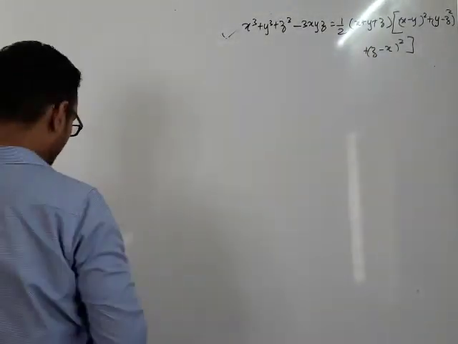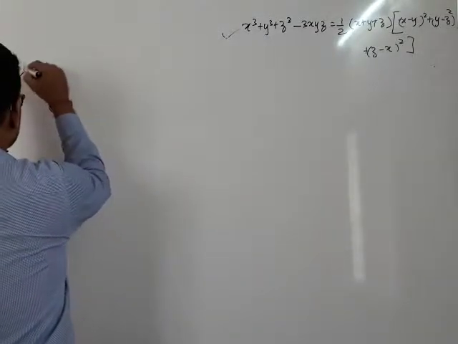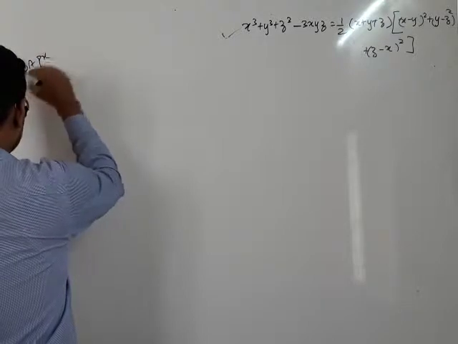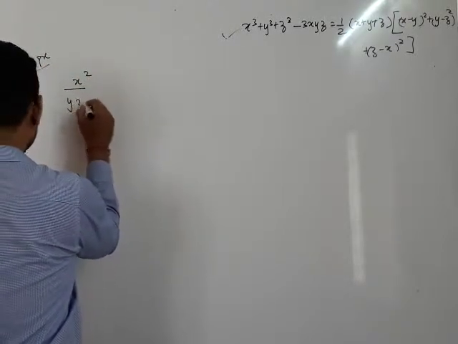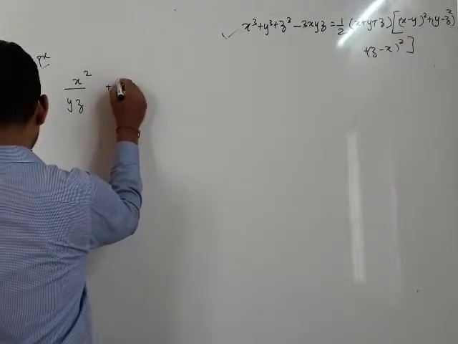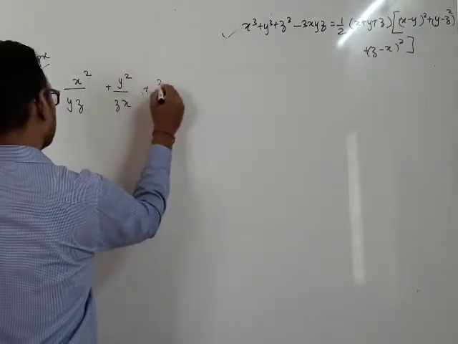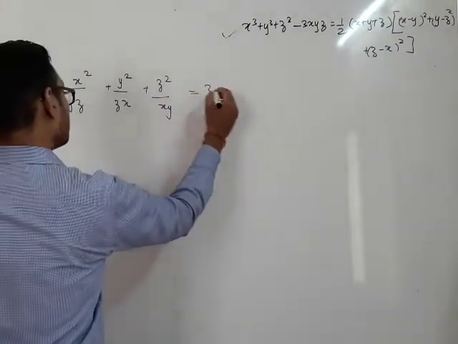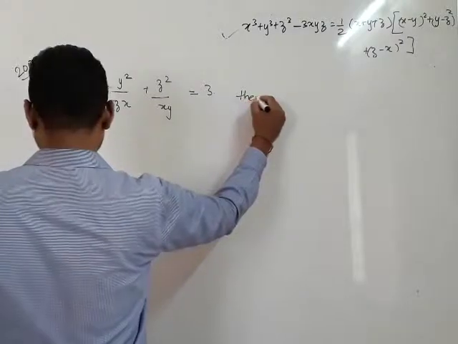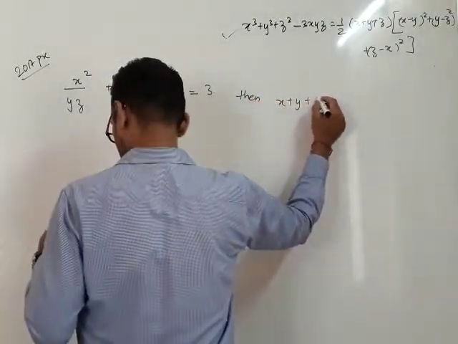Alright, now it is of the same type. It was asked in 2017 pre. x square by yz. You have to be very careful while doing this question.